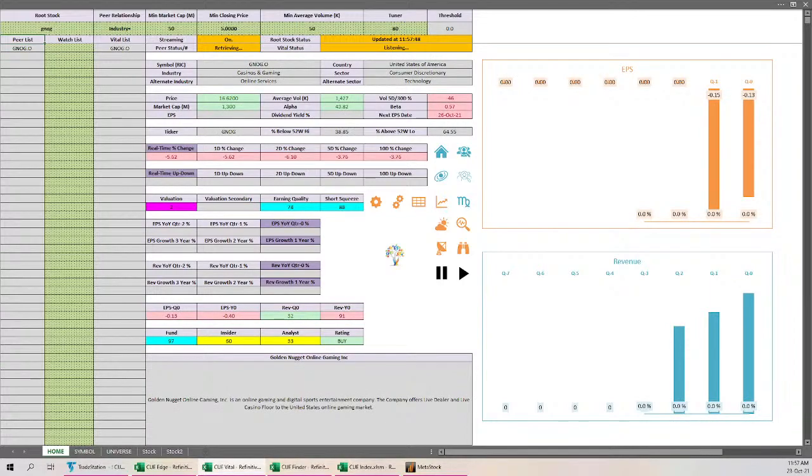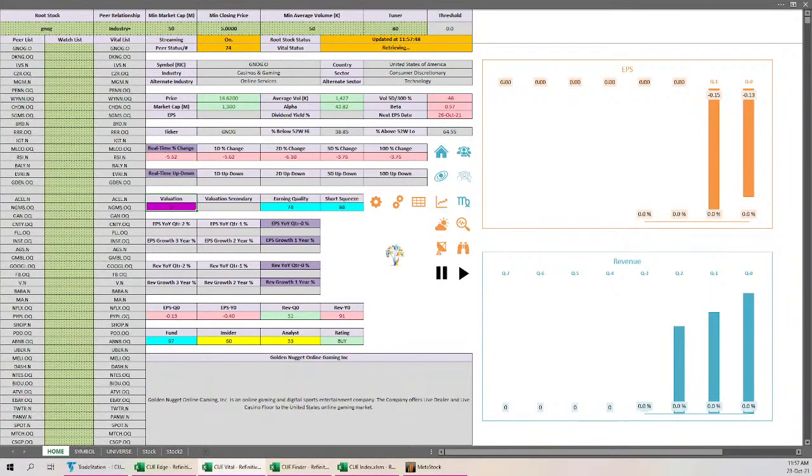Casino and gaming, overvalued stock. No growth information. So we are happy to short this stock, steadily coming down. Let's look at its industry, casinos and gaming.